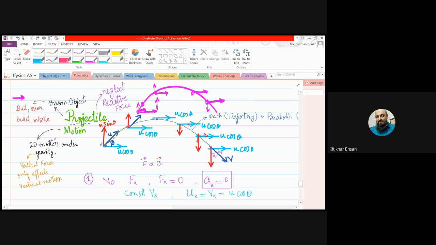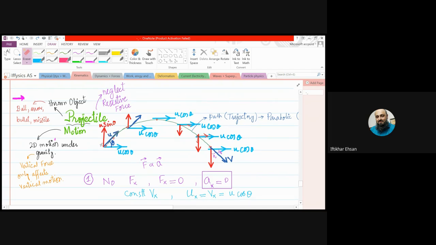And what is making this path change into a curve like that? We never see normal objects going like that. It always goes like that because of gravity. The gravity is doing that. So, beta, this two-dimensional motion under gravity is called projectile motion.